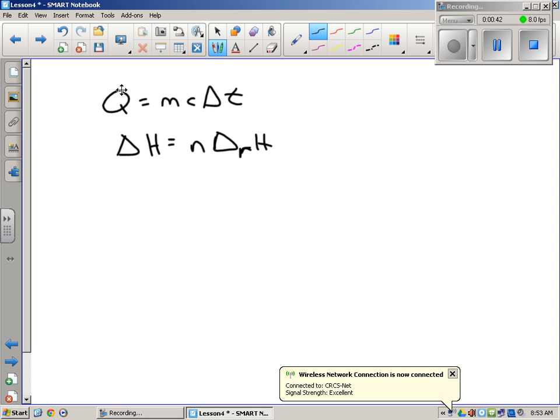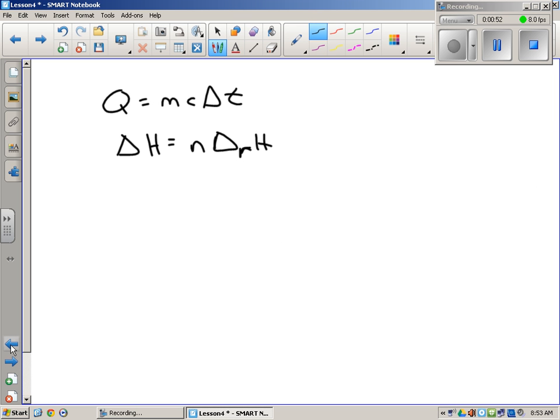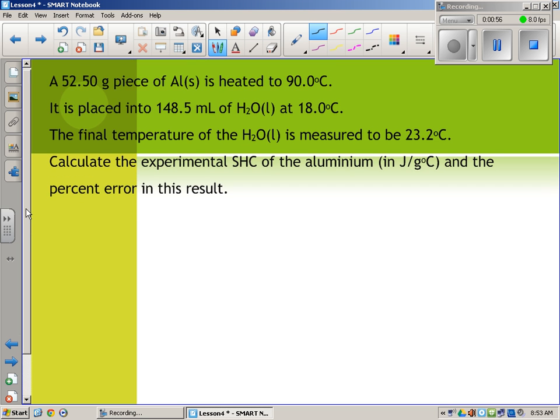So the first question that we used yesterday was basically, if you remember, the aluminum chunk, right? We're heating it up, and we're going to put it into the water, and of course the aluminum is losing energy, the water is gaining energy. Remember, don't forget, delta E gained has to equal delta E lost.